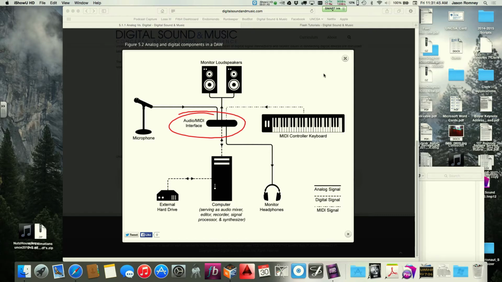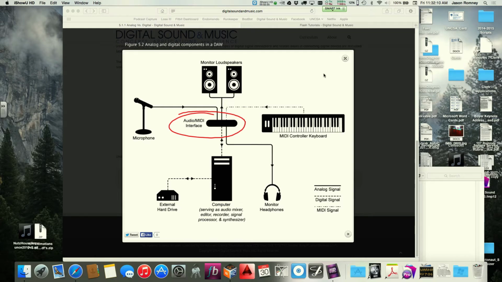Sometimes they'll also have MIDI inputs and outputs, which you can use to hook up MIDI devices, although you can have dedicated MIDI interfaces, like this one here. This is just a USB MIDI interface. It gives you 2 MIDI inputs and 2 MIDI outputs on a USB cable. Very useful.